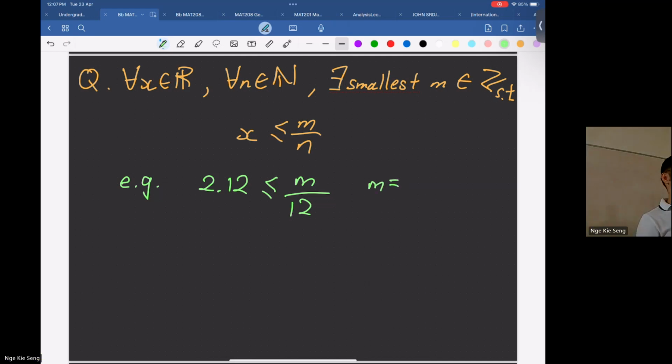M equals what? No, smallest. Not random. 25, okay. You said 26. So there's M1, M2 here. Obviously 25 is the smallest among these two. But does 25 work or not here?